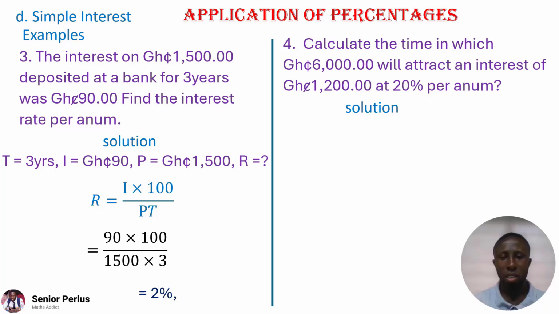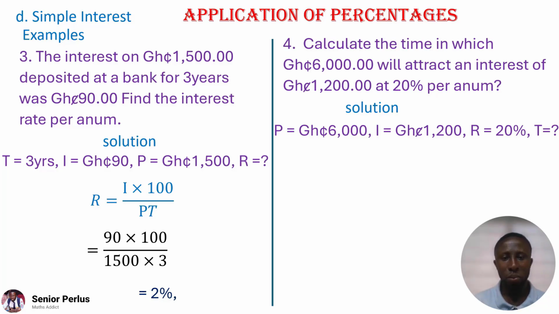Here, our principal is the 6,000 Ghana cedi, because that's what is being deposited, which attracts the interest. Our interest is 1,200 Ghana cedi. And our rate is 20%. So therefore, the time is this.